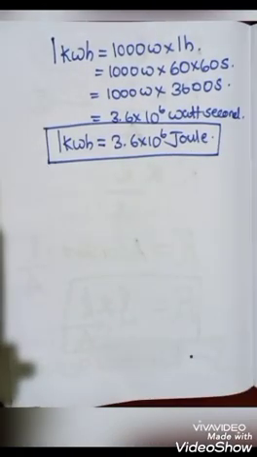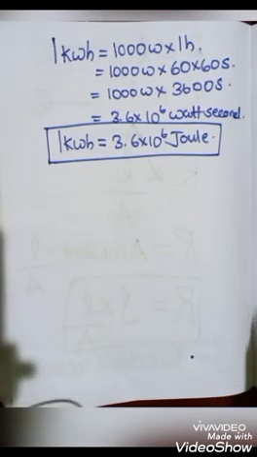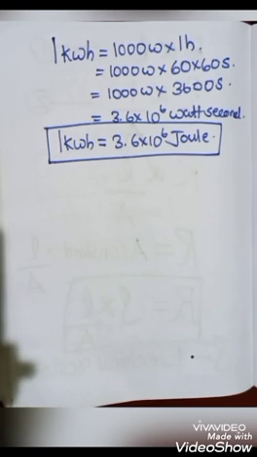In this class, we discussed the heating effect of electric current and electric power, the equations of electric power, that is P is equal to I square into R, P is equal to I into V, and P is equal to V square by R. We also studied Joule's law of heating.